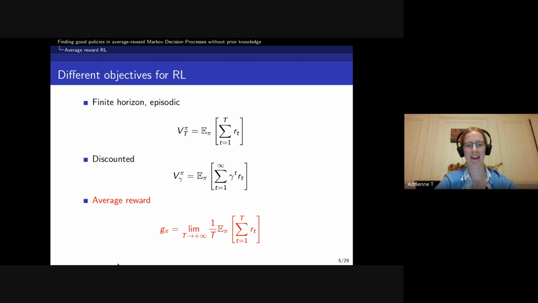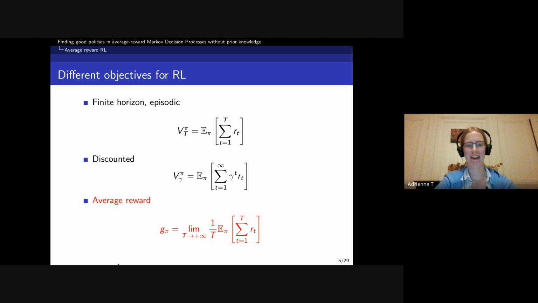Well, in the finite horizon setting, you don't really care that much about that bad trap state, because odds are you're not going to land in it up to your certain horizon. If you're looking at a discounted setting, maybe you'll land in it in 1,000 or a million time steps, but it doesn't really matter, because by that time the discount factor will be so tiny.